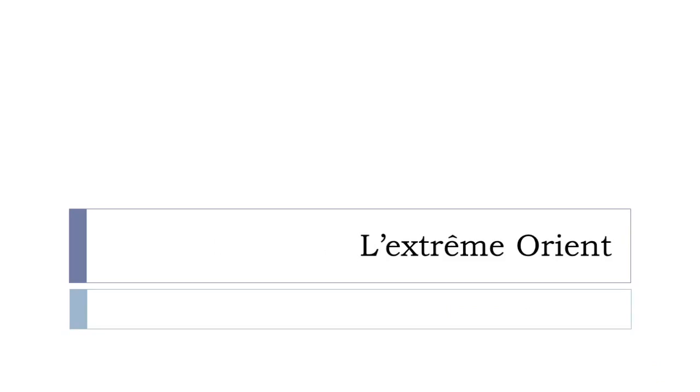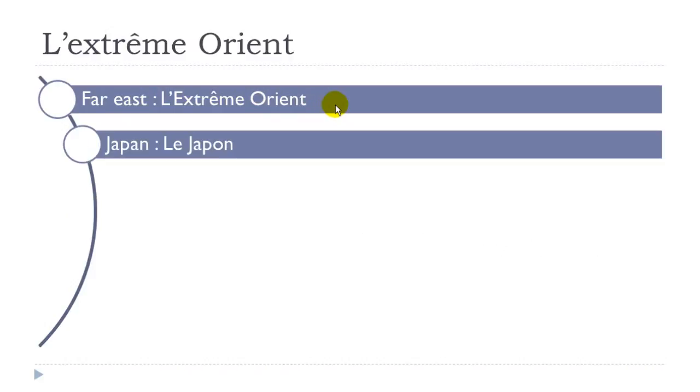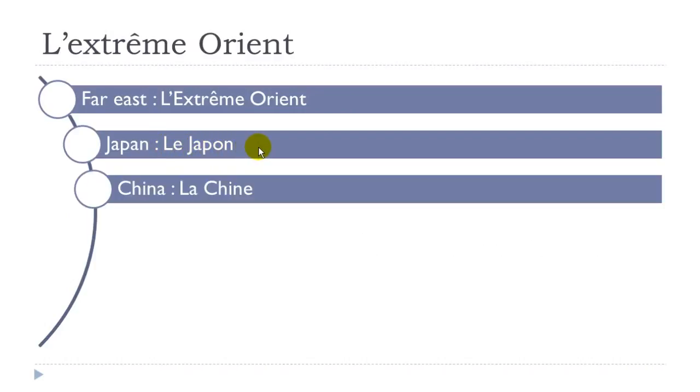L'extrême-orient, so Far East, l'extrême-orient, so let's discover that together. So Far East in French we'll say l'extrême-orient. Le Japon, le Japon. La Chine, la Chine.